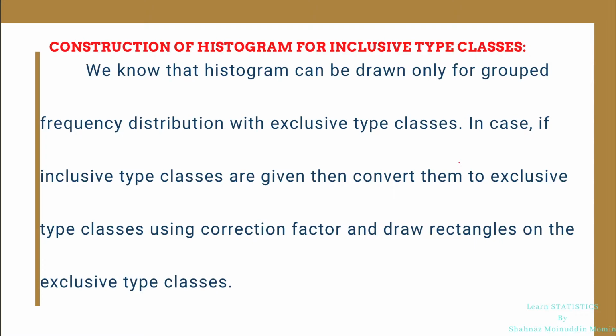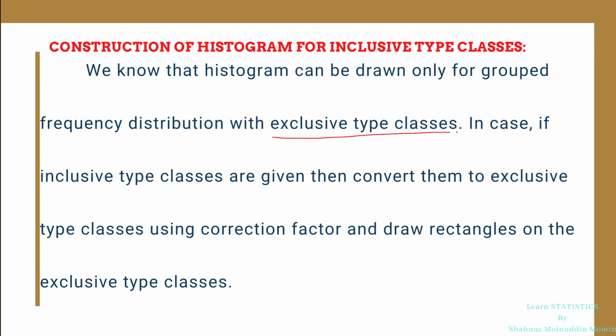In the method of construction of histogram for the inclusive type, we know that a histogram can be drawn only for a grouped frequency distribution with exclusive type classes. We already know what is meant by exclusive type classes.